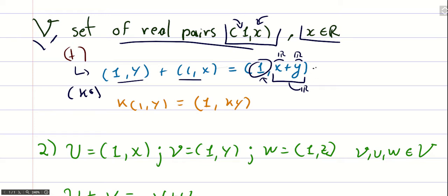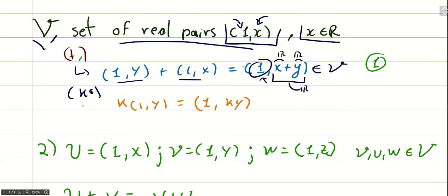That means this whole vector has the same structure as a vector in V. That means that this vector is an element of V, and this helps us to demonstrate one of the axioms of vector spaces. That is the first one, that is related with the closure of the sum operation.